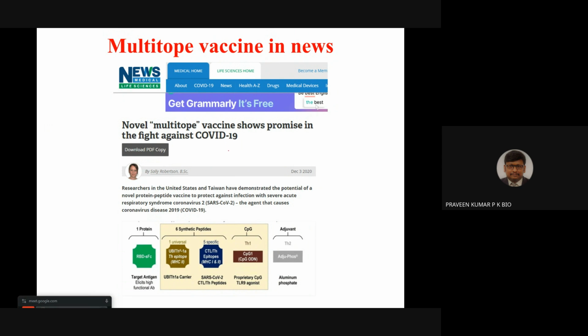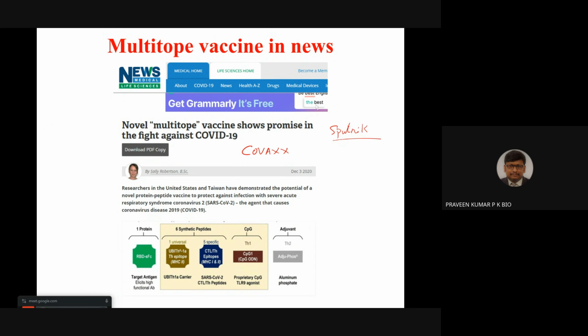There is a vaccine called COVAX. Did you hear about this vaccine? We heard only Covishield and Covaxin. Some might have heard about Sputnik, the Russian-based vaccine. So you might have heard about these three vaccines alone in India.